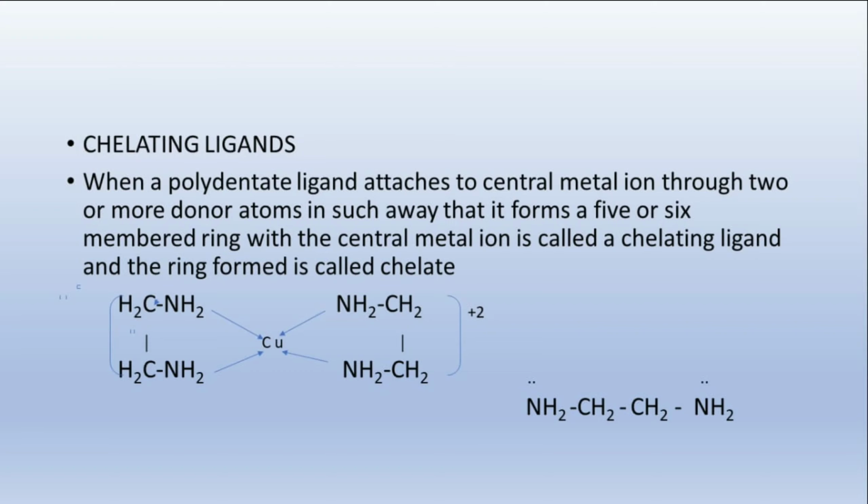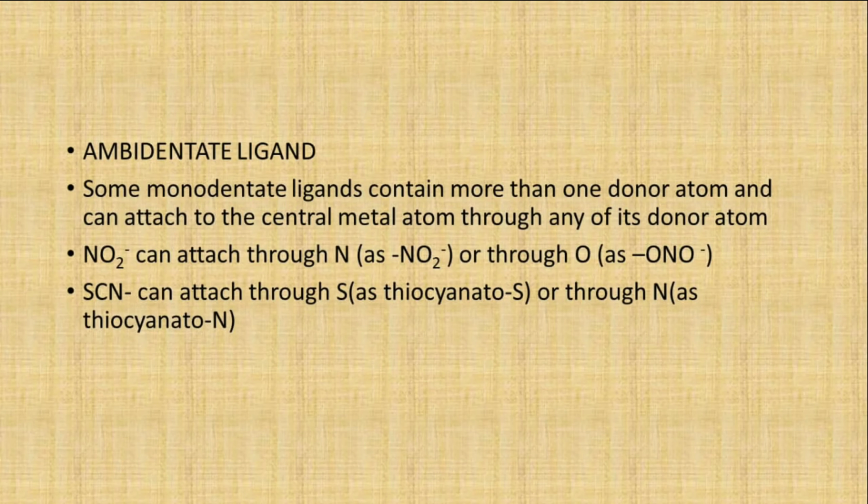Now when you look at the complex which is drawn, you see ethylene diamine, which is a didentate ligand, it coordinates with the nitrogen atoms to the central metal ion and it forms a 5-membered ring including copper. So it forms a chelate or the ring. So chelating ligands make a more stable compound.